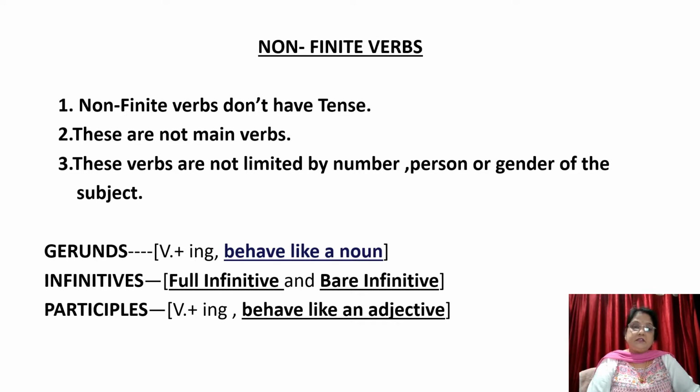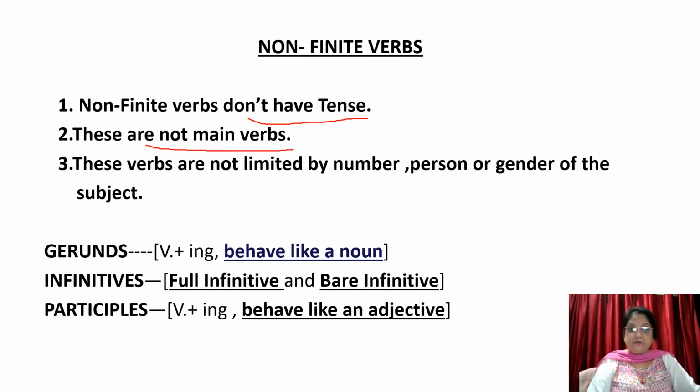We have learned that non-finite verbs don't have any tense. Means whatever the tense may be in a sentence, non-finite verbs do not have any tense. You cannot guess the tense in non-finite verbs. These are not main verbs.